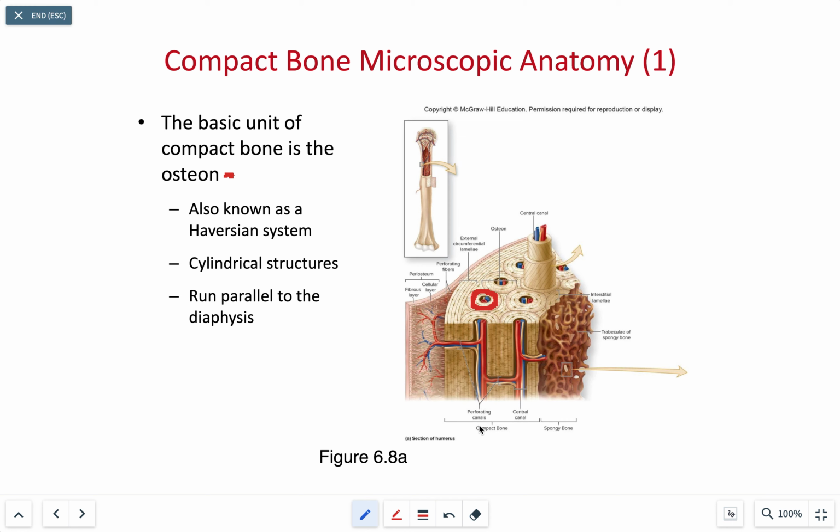So these perforating canals, another name for them, perforating just means they're moving laterally, so we can see the perforating canals versus the central canal, which is going more straight up. These perforating canals are also called canals of Volkmann. They extend perpendicular to the surface. The blood vessels supply blood to the osteons deeper in the bone. It's also supplying the fibrous and cellular layer of the periosteum.